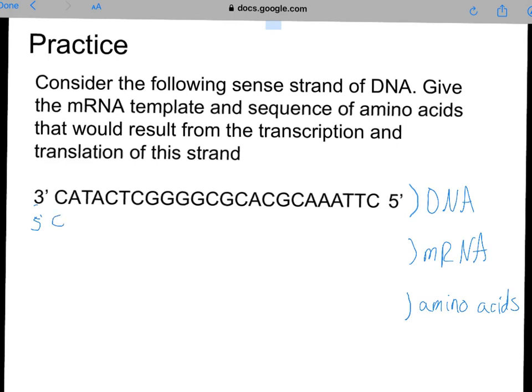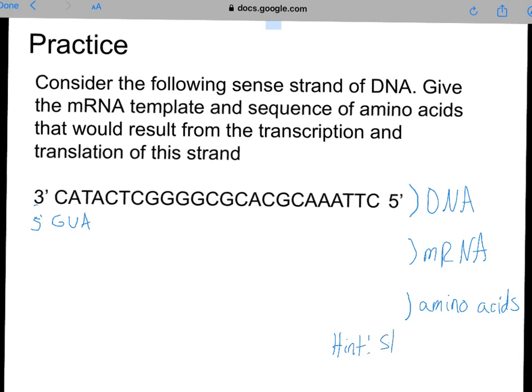Where there was C, I would have G. Where there's A, I would have U. Where there's T, I would have A, etc. So first try to turn all of that into the mRNA, then the amino acids. And I'll give you a hint.